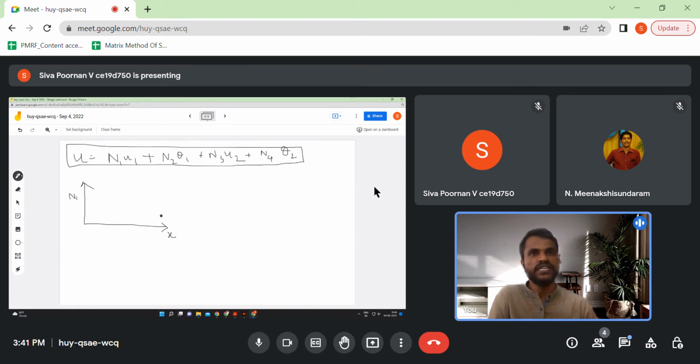N1. How does it vary? Can you guess how N1 will vary with x? What is N1 actually? N1 is going to be the displacement u itself if everything else was 0. How would everything else become 0? That means that theta 1 should become 0, u2 should become 0, theta 2 also should become 0.